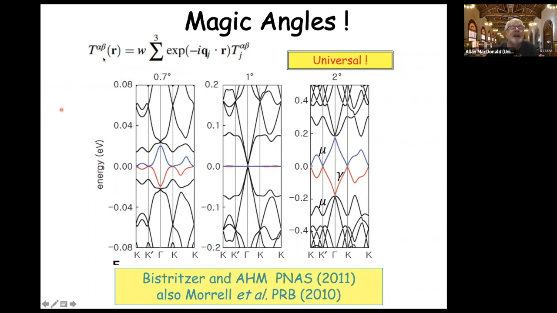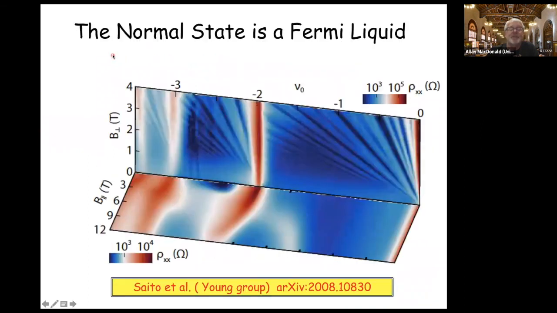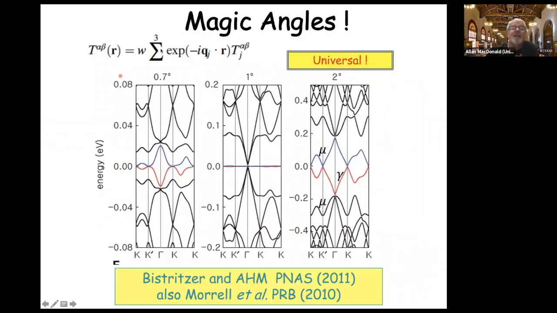So these are sublattice-dependent interlayer tunneling amplitudes, dependent on position through local coordination, varying slowly in space. This is a smooth Fourier space expansion of that tunneling amplitude.